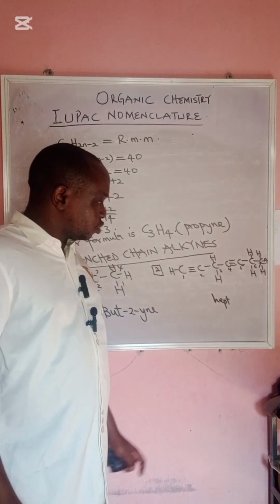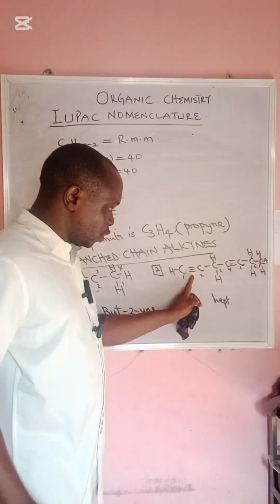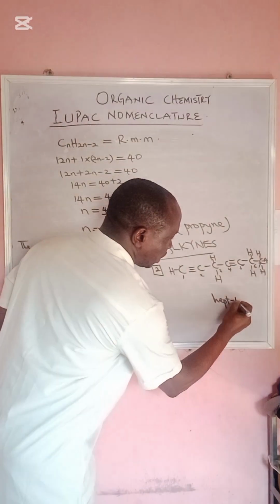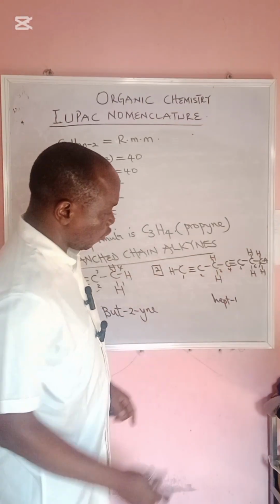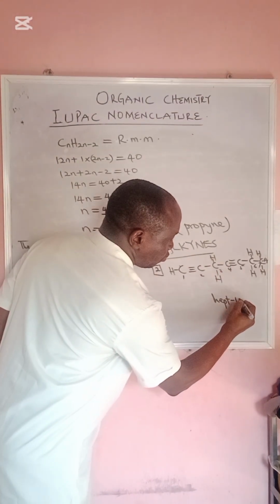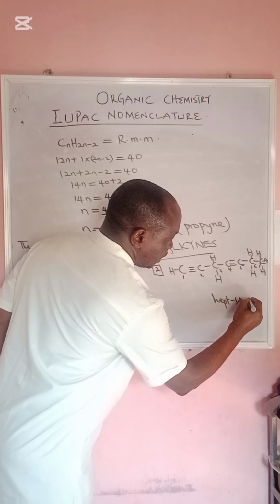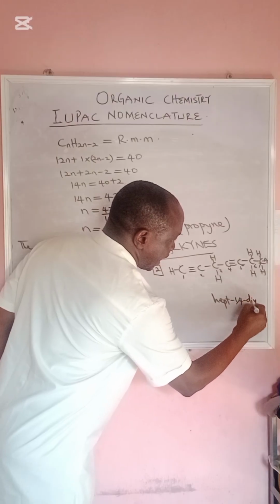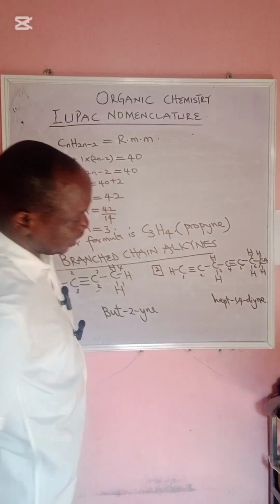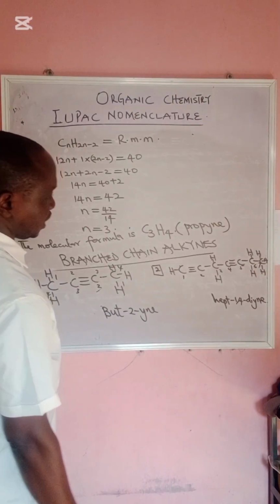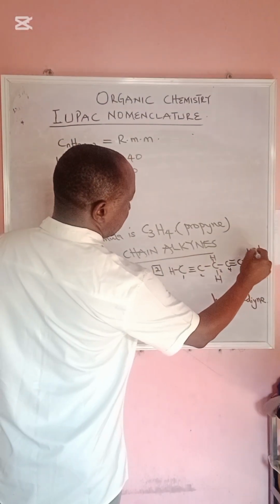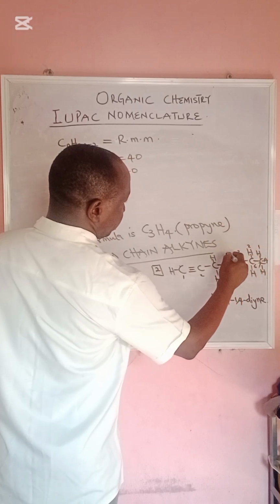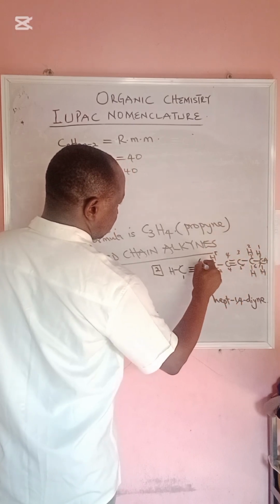Between carbon 1 and 2, the triple bond is on carbon 1, I will take 1. The other one is between 4 and 5, I will take 4. So 1,4-diyne. That is counting from left to right. From right to left, let's see, 1, 2, 3, 4, 5, 6, 7.